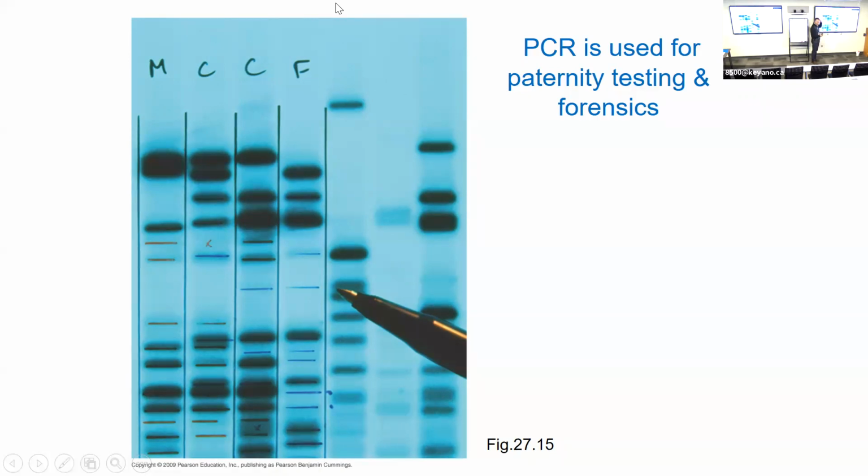In the case of a paternity test, you're looking to see, does the band match the parent? The child is going to have half of his or her DNA from mom and half from dad. So 50% of the bands should line up with mom, and 50% should line up with dad.